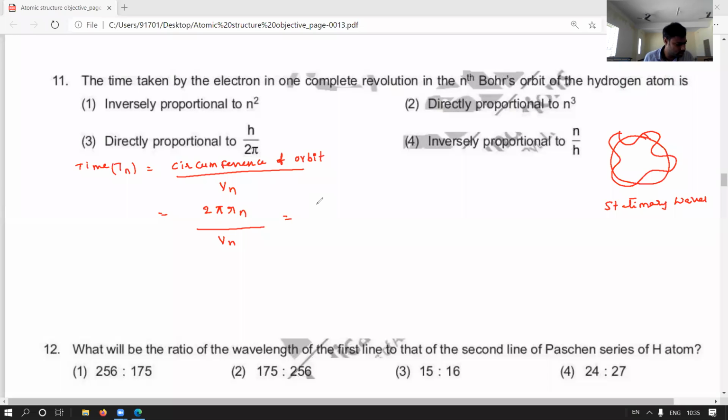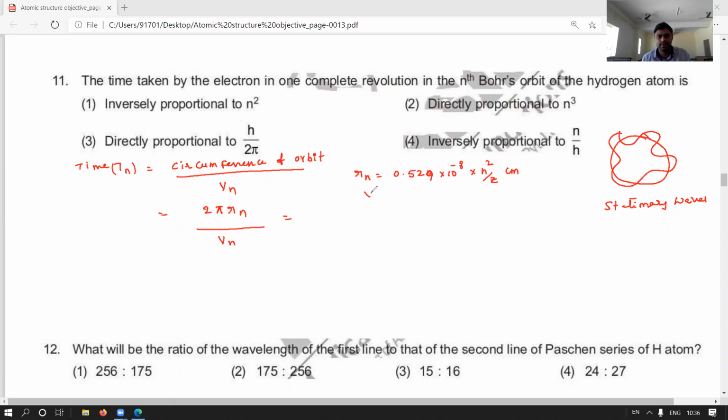What is the formula? Rn, the radius of the nth orbit, is equal to 0.529 into 10 to the power of minus 8 into n square by z centimeters.